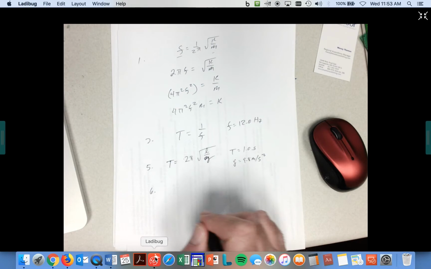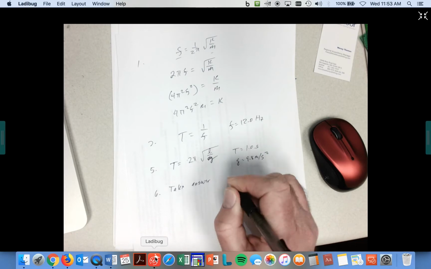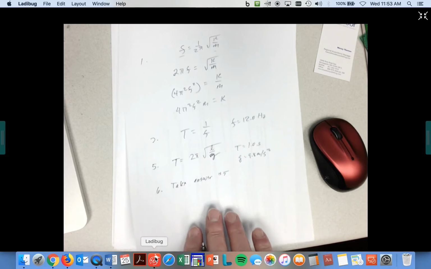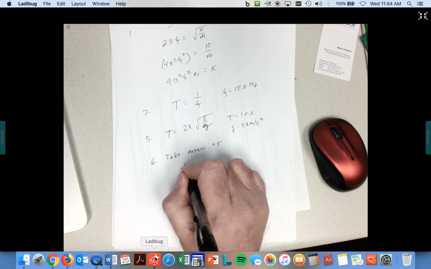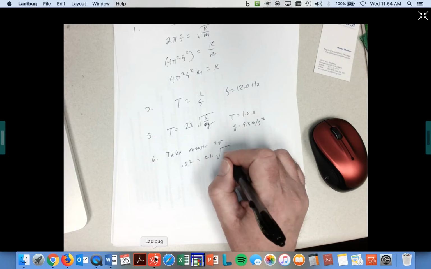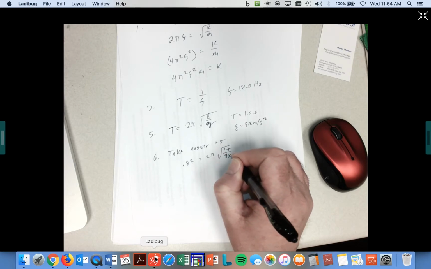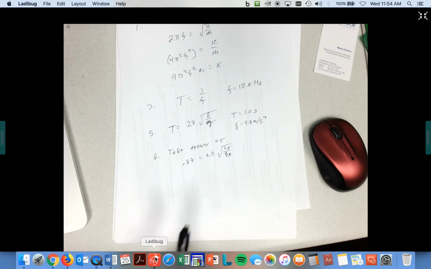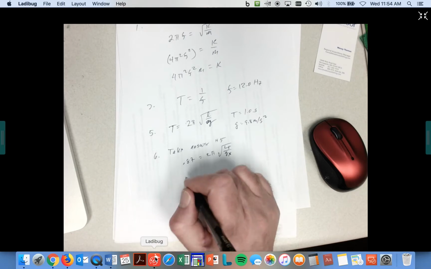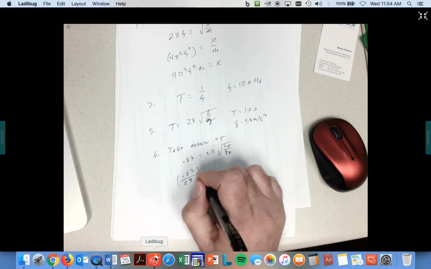So in problem 6, take the answer from number 5, the length, and then T, 0.87, is equal to 2 pi times the square root of the length from question 5 divided by the g on planet X. So we have to tease the g out of there. No big deal. Take 0.87 divided by 2 pi, and square both sides.